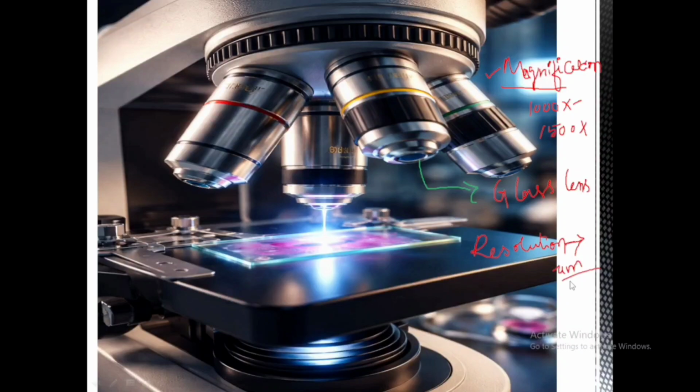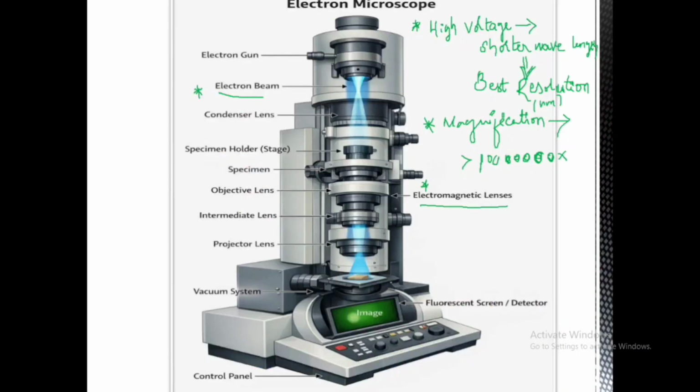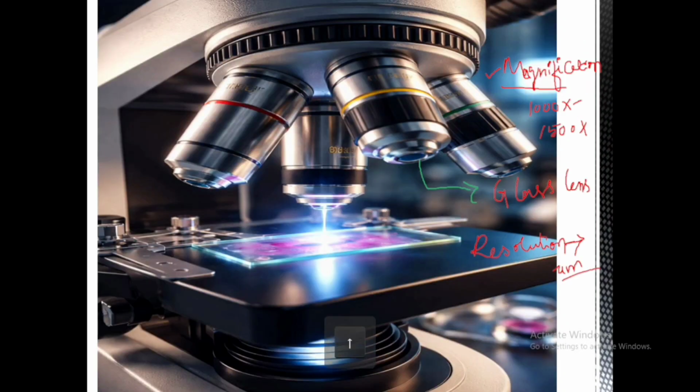So only micrometer-size images can be watched through the light microscope. Like bacteria, which are micrometers in size, we can watch through the light microscope, but we cannot see the virus because the virus is nanometers in size. Nanometer-thickness images we cannot watch through the light microscope.